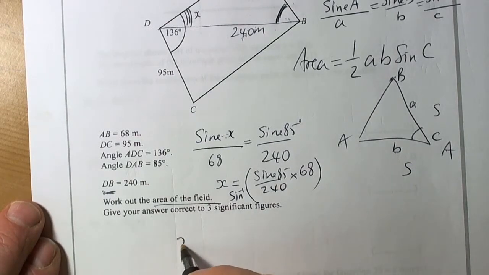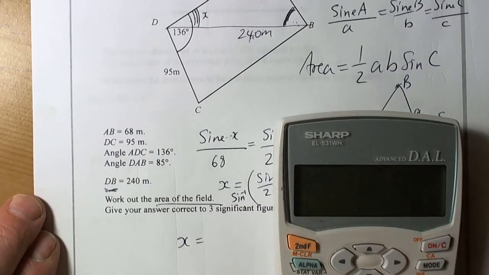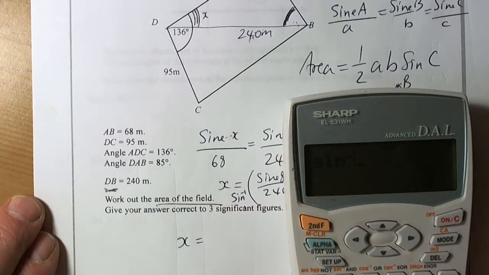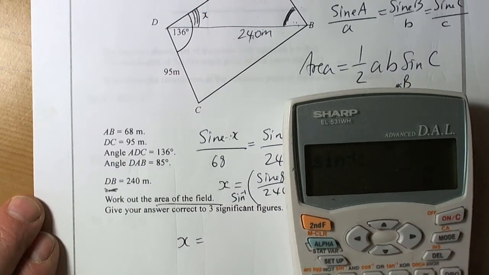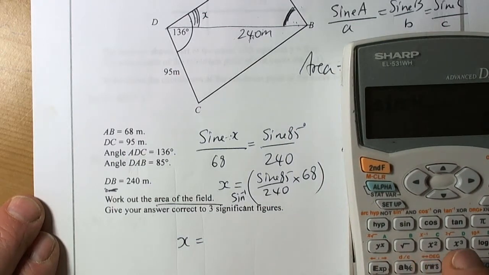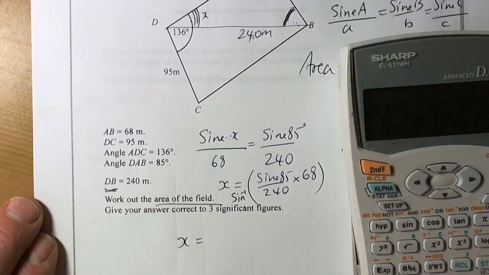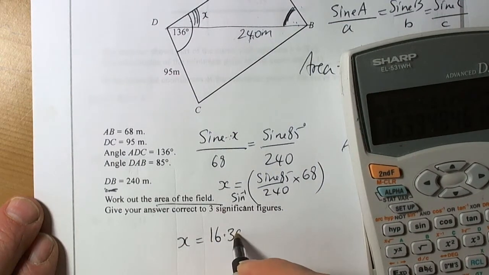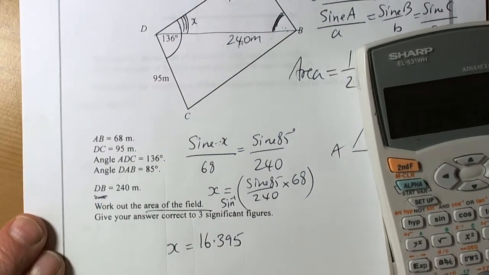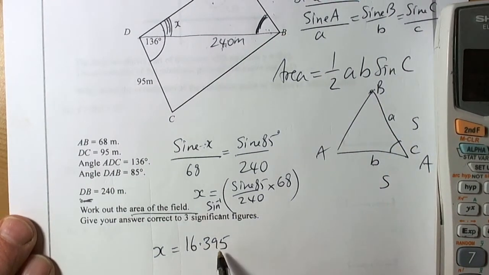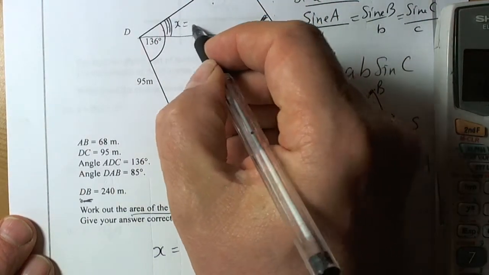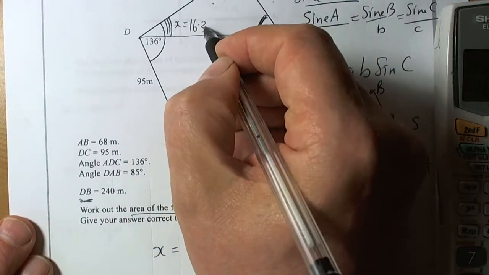So on our calculators we can type in second function, the sin button, that gives us the sine minus 1, bracket, we want to do the sine of 85 divide by 240 times by 68 close bracket equals. So we get an answer of 16.395. Don't round your answers too much at this stage because these are intermediate numbers. So that angle is 16.395 degrees.